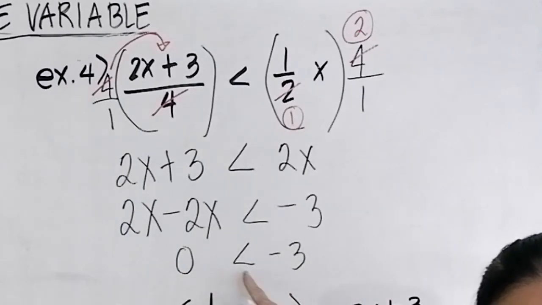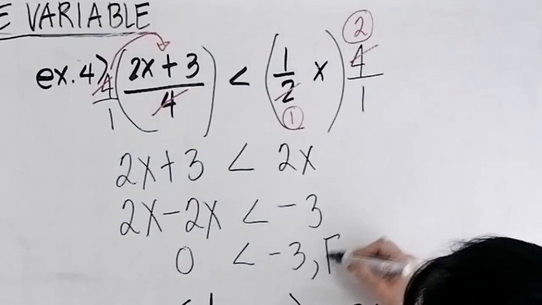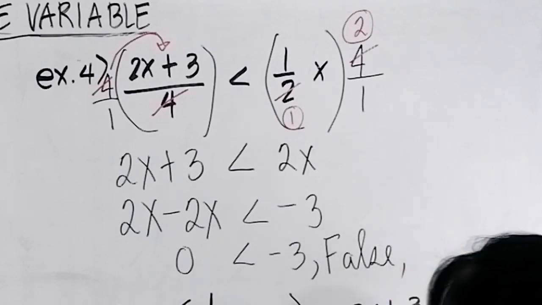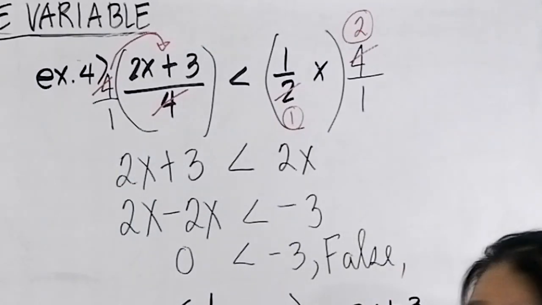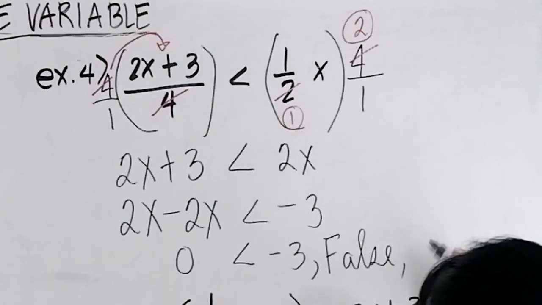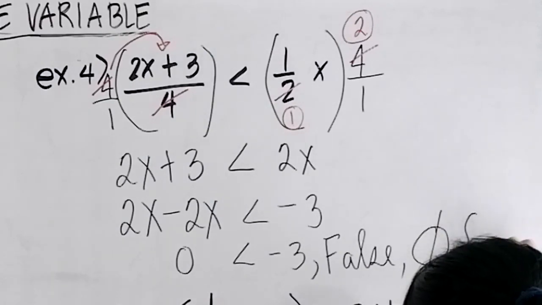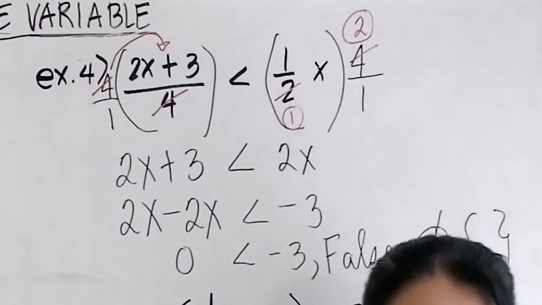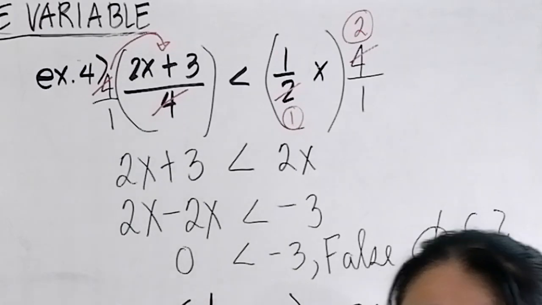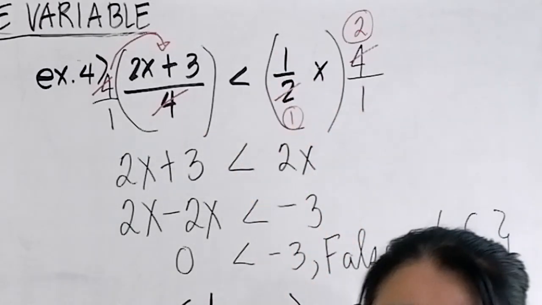Is 0 less than negative 3? True or false? False. It is not. Now, if this case happens, then your solution set is empty set. There is no value of x that will make the inequality true.